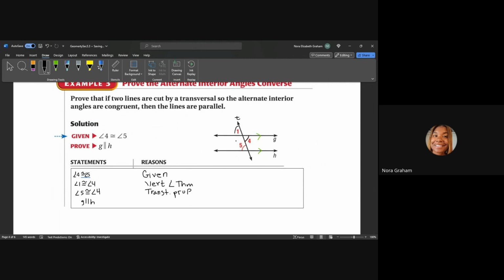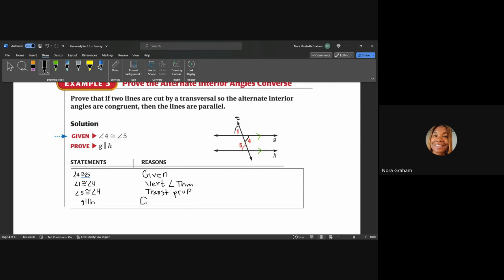And from our theorems, or postulates that we looked at above, if I can prove that two corresponding angles are on my transversal in between these two lines, then I can say the corresponding angles converse postulate makes G and H parallel.